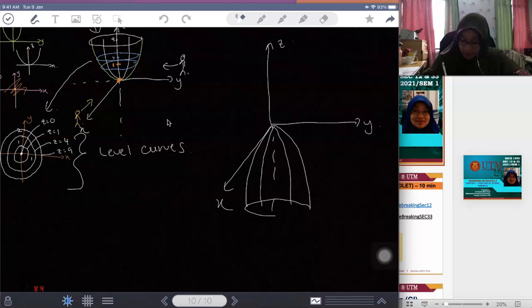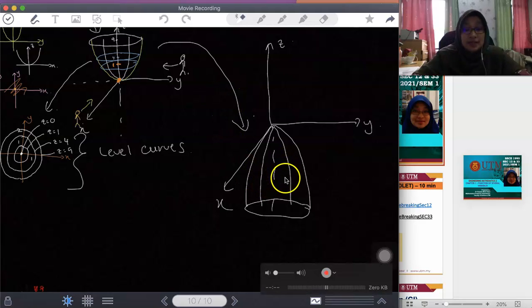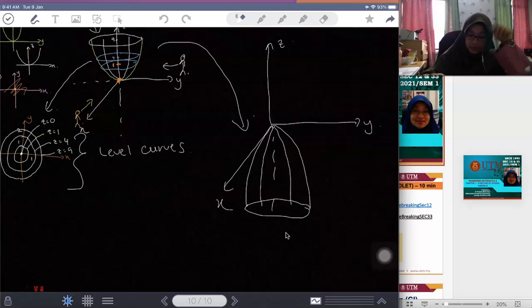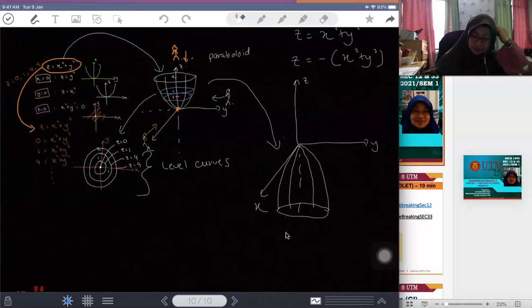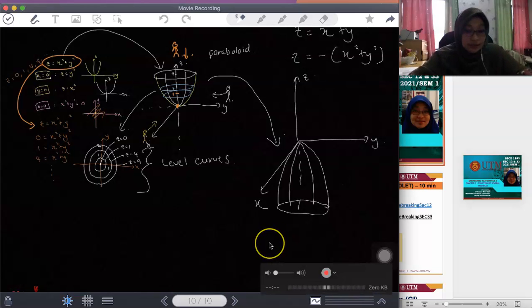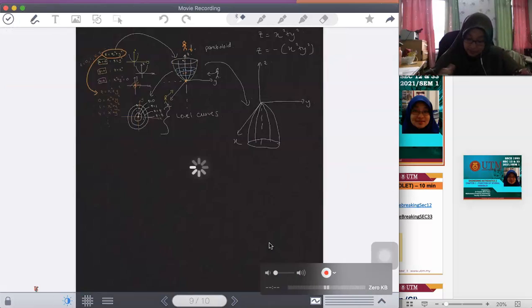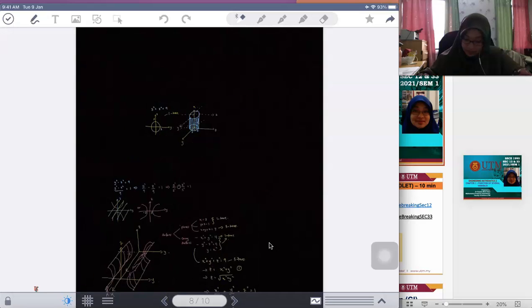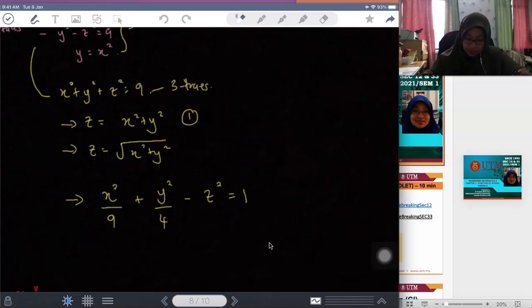That is your bowl, the same bowl, but now it is concave down, parallel to negative z. Okay, so that is the function that we wanted to sketch just now.